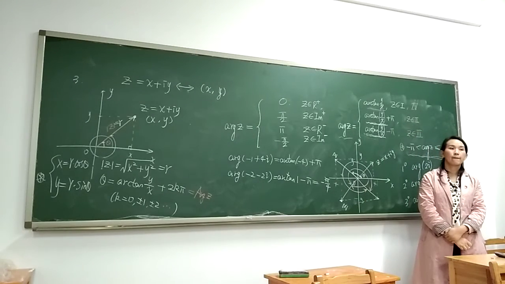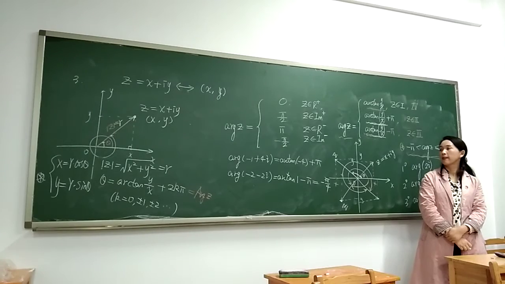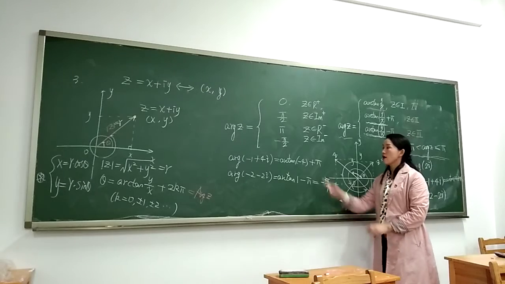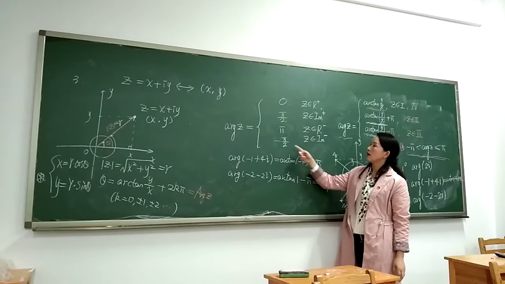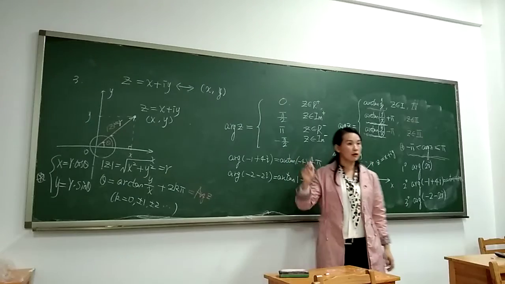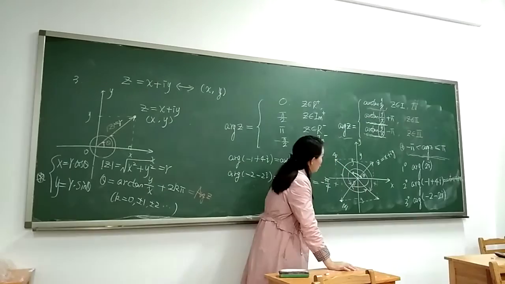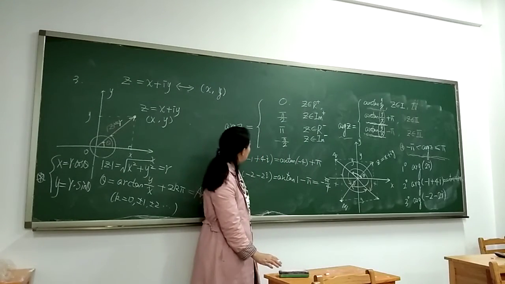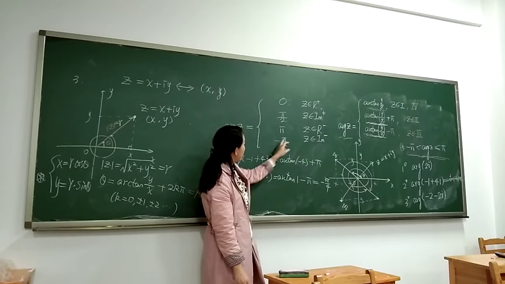Laoshi, but this is the third one you showed us. Which one? The argument for this one? You showed us that it is from the negative part of the y-axis, negative pi over 2.